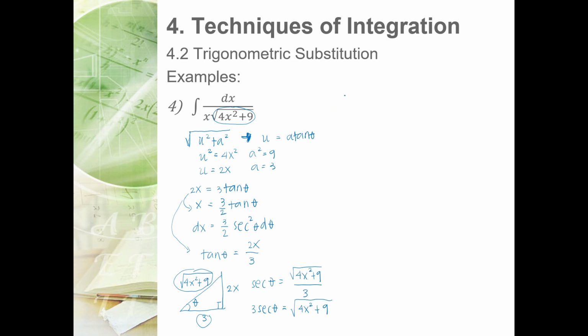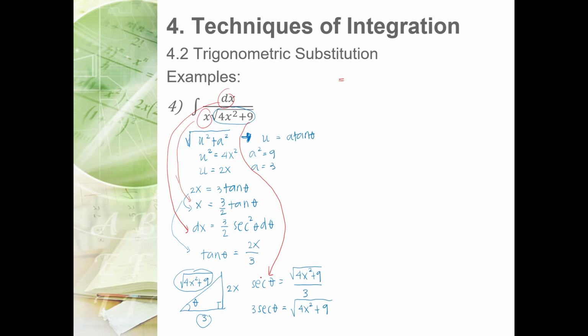All right. Let me use the red ink. So again, x dx, and then square root of 4x squared plus 9.